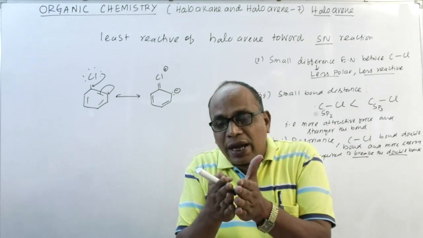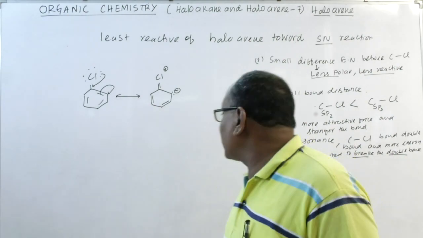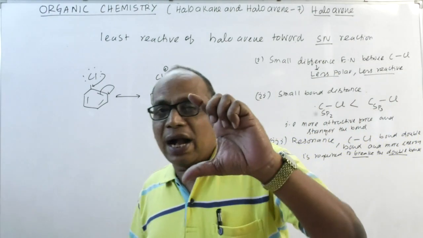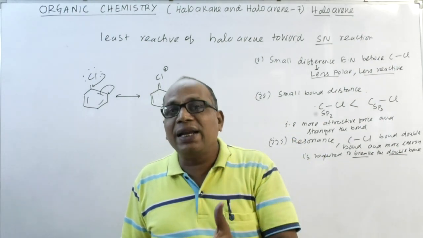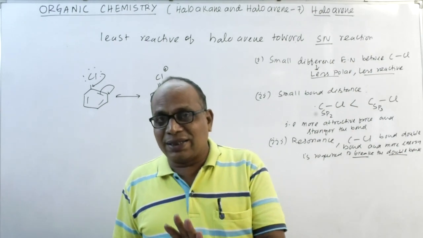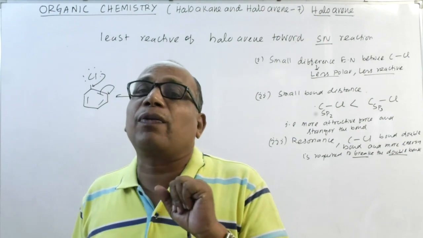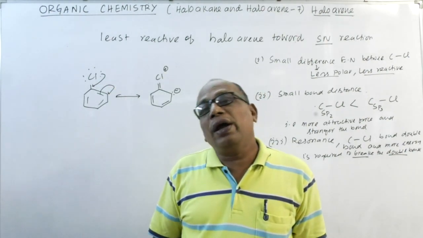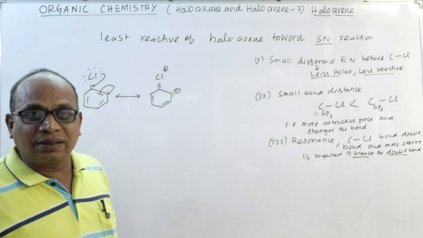When they come closer, the attractive force is more and the reactivity is less. Then it can exhibit resonance. Due to resonance, the carbon halogen bond possesses partial double bond character, and to overcome this, more energy is required to break it. As more energy is required, the reactivity is less.